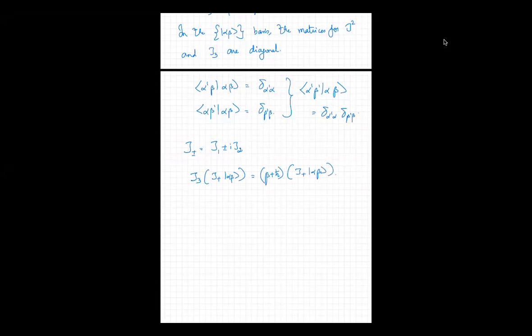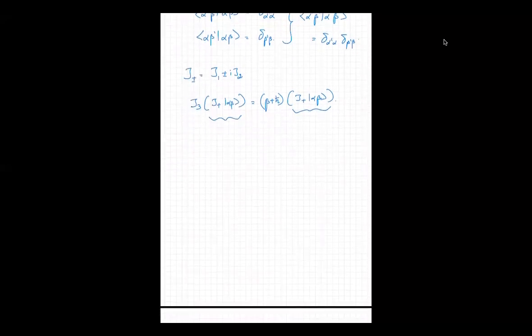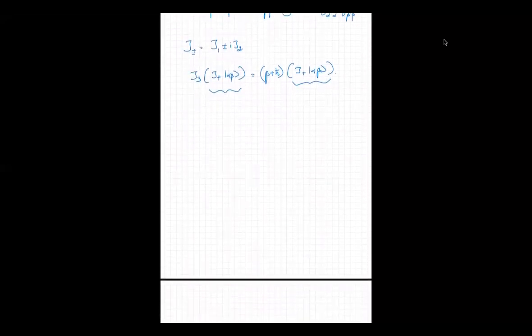This means that the state J plus alpha beta, whatever this state is, because this is an operator acting on a ket, which is again a ket. So this ket is such that it is an eigenket of J3 because it is of the form J3 times the ket equals some number times the same ket. So this is obviously an eigenket of J3, but it has the eigenvalue beta plus h bar. But you already know all the eigenkets of J3 because they are simply the alpha betas, right? And the eigenvalue is beta.